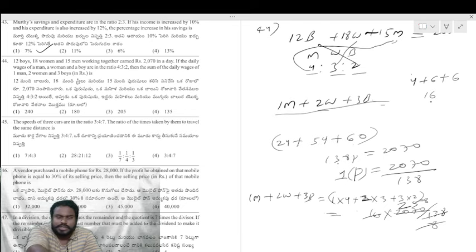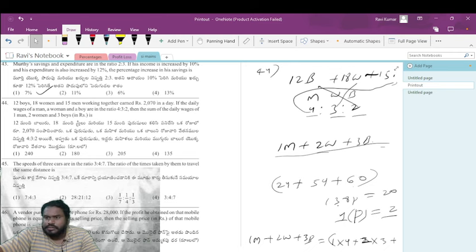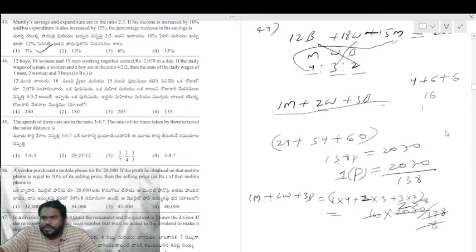So it is 16 parts we are getting. 16 parts of what? So how much is it?